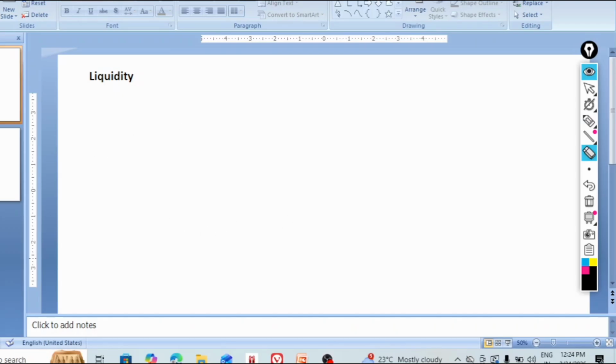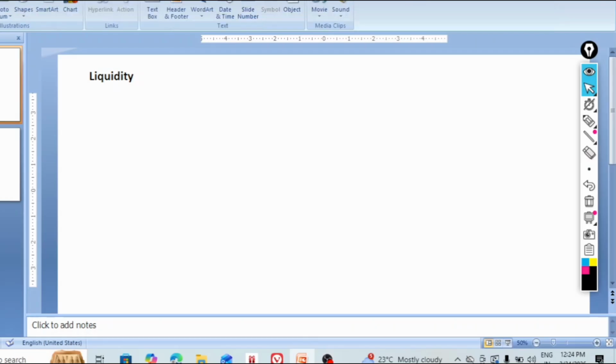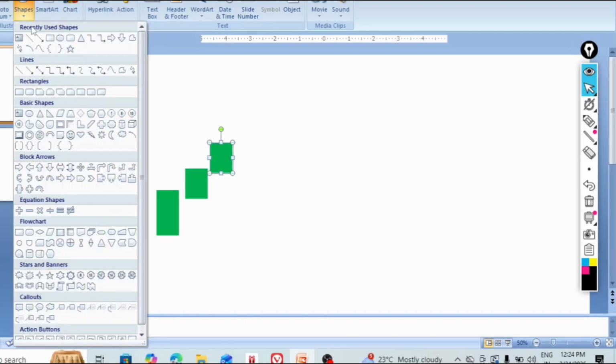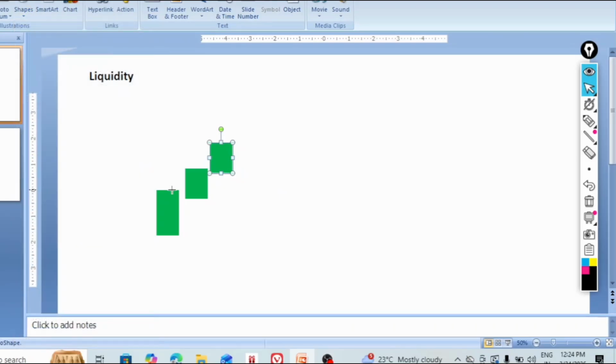So that's about liquidity. In the last video that I shared, I said that if there is a gap, there is liquidity. Suppose here there is a fair value gap. Let me give you an example. There is a gap here.